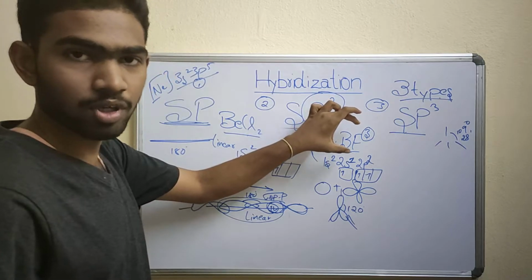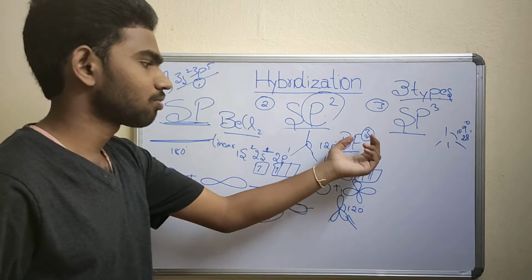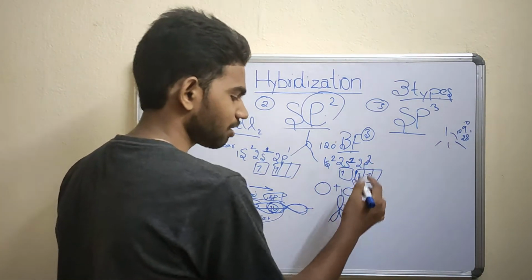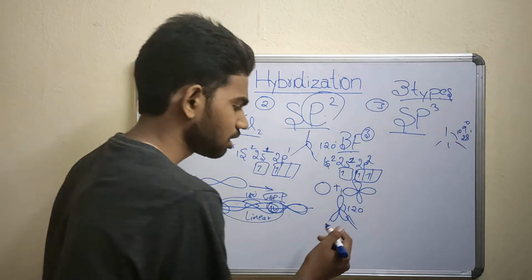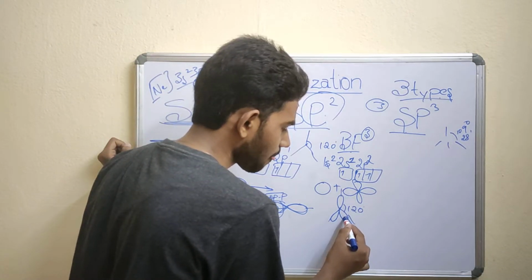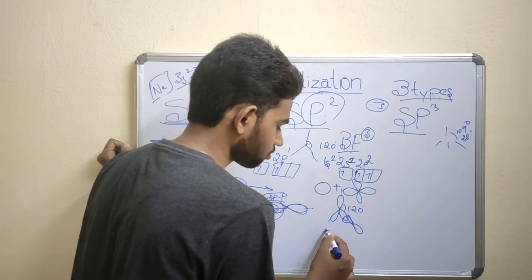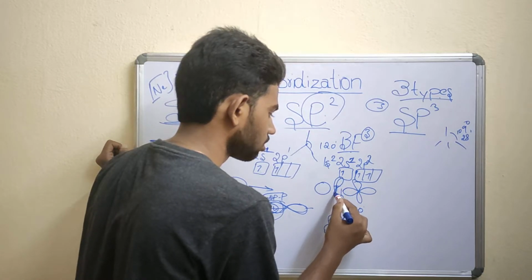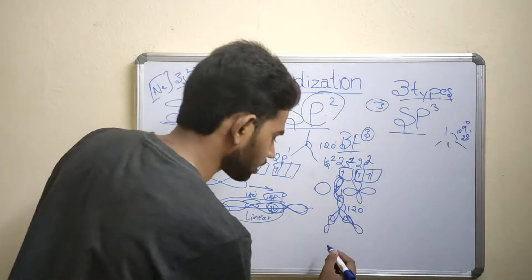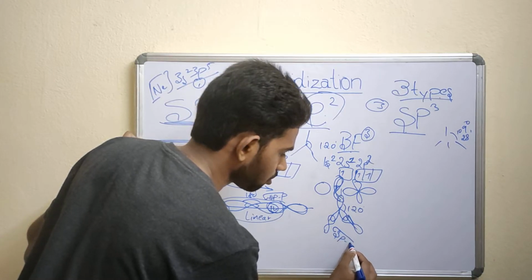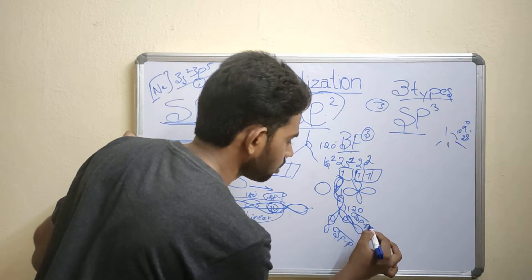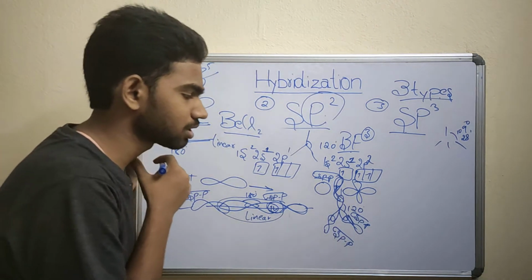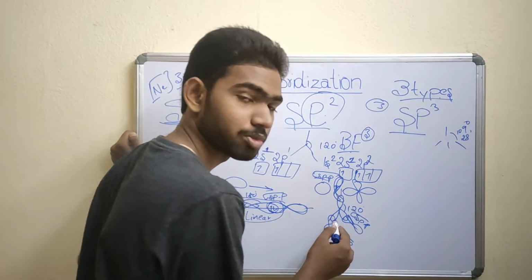Fluorine has an electronic configuration one less than neon, that is 1s2 2s2 2p5, so one p orbital is left with a single electron for bonding. Here three bonds are formed: three sp-p sigma bonds, because they are end to end overlapped.